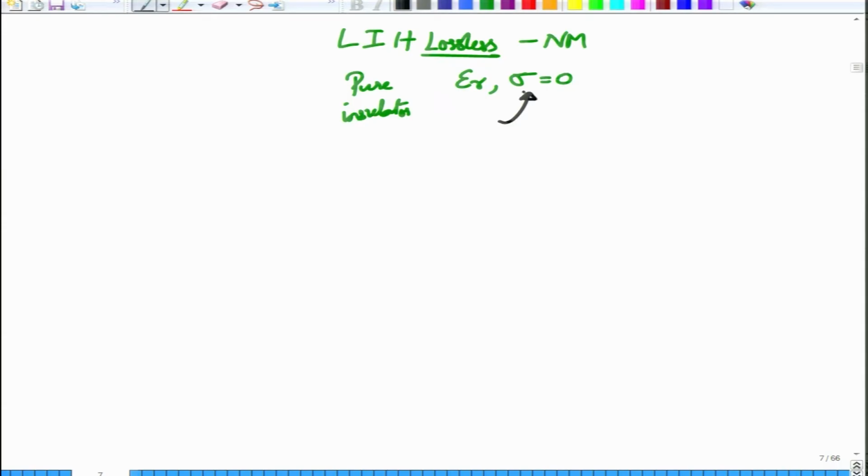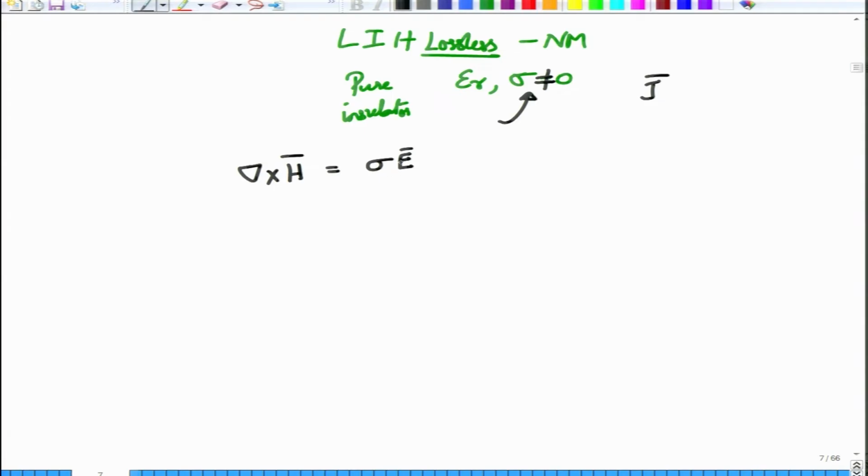Lossy medium can be modeled by letting sigma be non-zero and having some finite value of that. Now, the notable change that would happen in Maxwell's equation for such a lossy medium is this curl expression or the Maxwell-Faraday expression, wherein the previously neglected term which is J is now brought back into it.